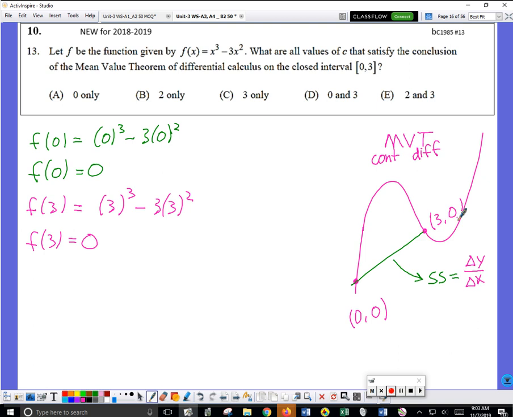The x-coordinate changes by 3, but 0 divided by 3 is just 0. So my picture is not accurate, which is common. The slope is actually flat, so the secant slope is horizontal. I'm trying to find the place on the curve where the tangent slope is also 0. To find the value that satisfies the mean value theorem means find the spot where the tangent slope is the same as the secant slope.